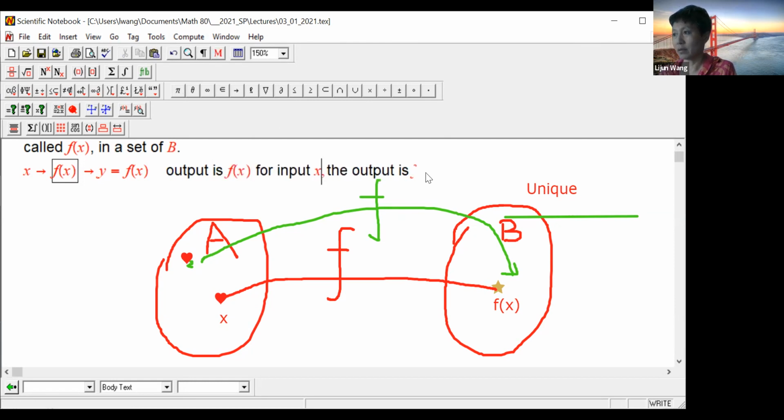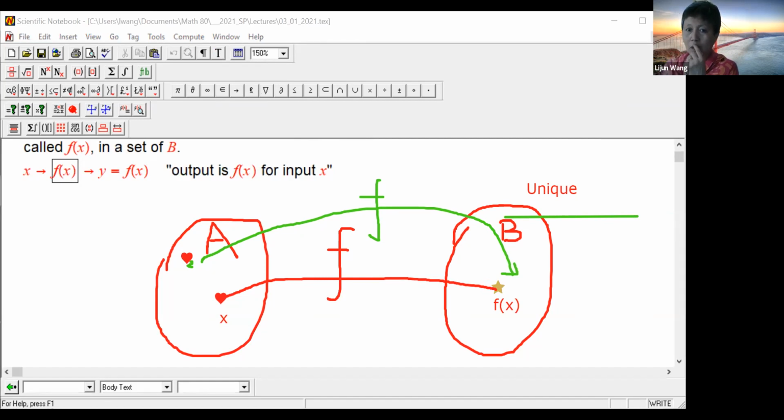The reason the letter notation is preferred is because it tells you the input and output at the same time, and also there's a description of the rule.